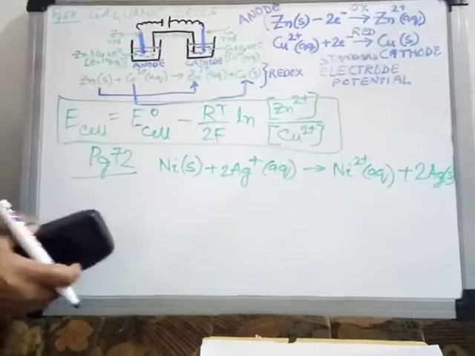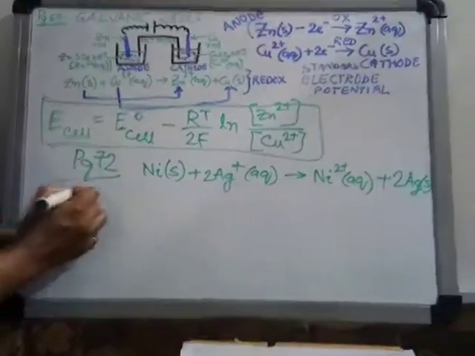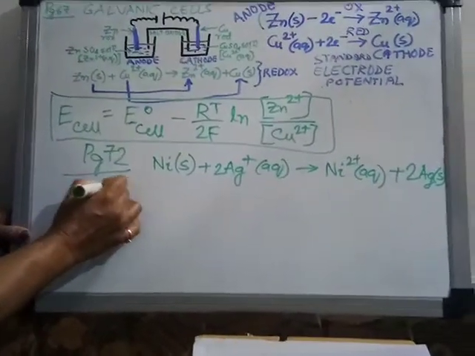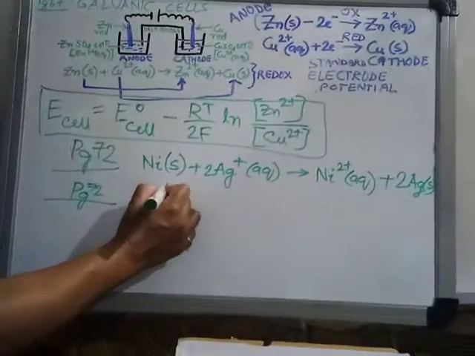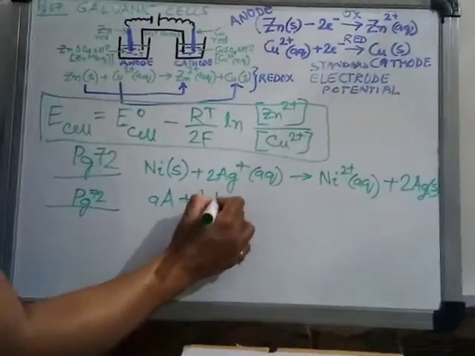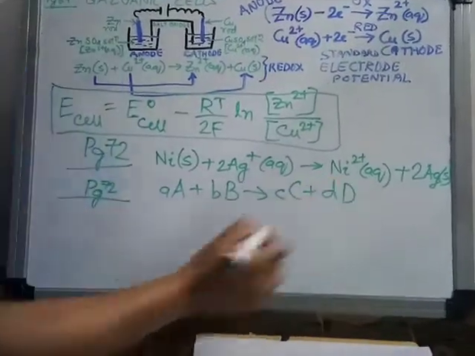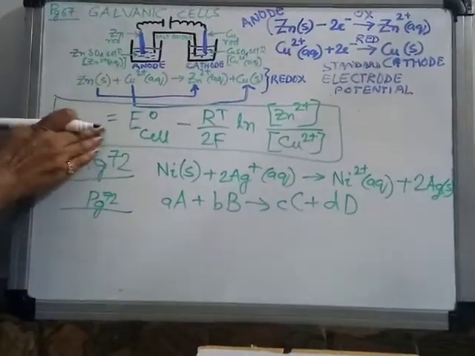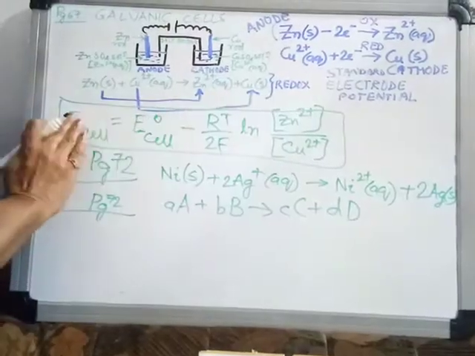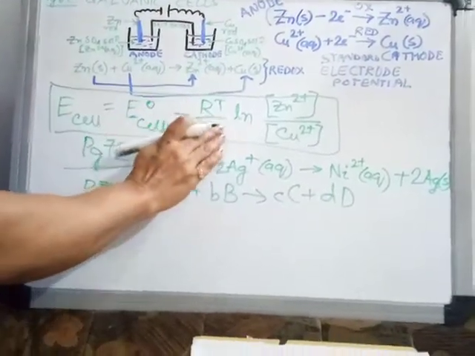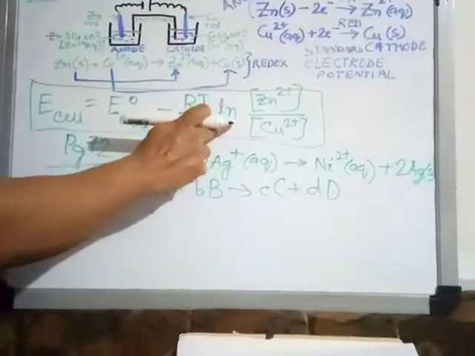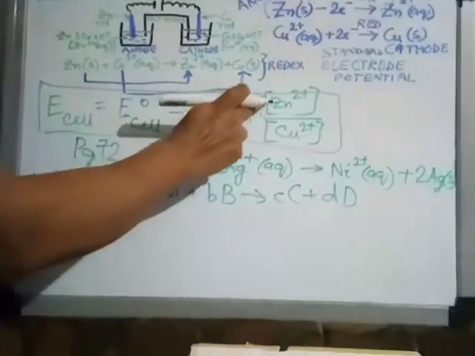Then in the same page 72 you will find a general equation written aA plus bB arrow cC plus dD. Now if you look very carefully at the last equation for a Daniell cell, everything here is okay. Inside the ln, what to write down? Ln of concentration of Zn2+.